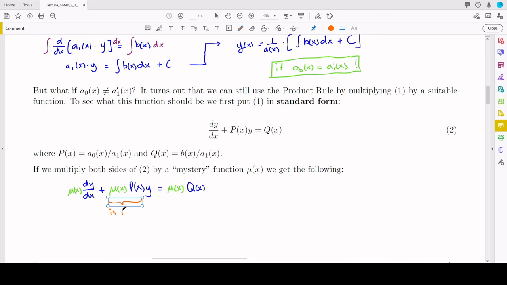So is it possible to choose mu of x such that mu of x times p of x equals mu prime?